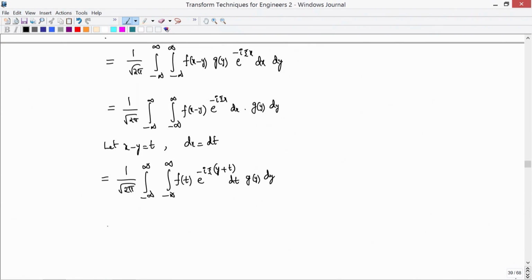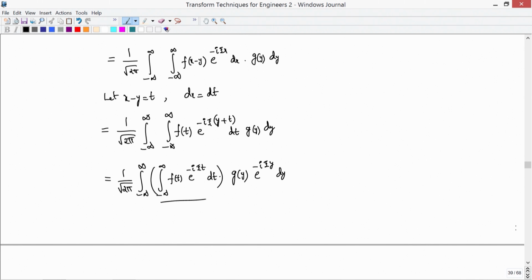Now, the variables are separated, 1 by root 2 pi, integral from minus infinity to infinity, and minus infinity to infinity. Now, you write f of t e power minus i xi t dt separately, and then into g of y e power minus i xi y dy.